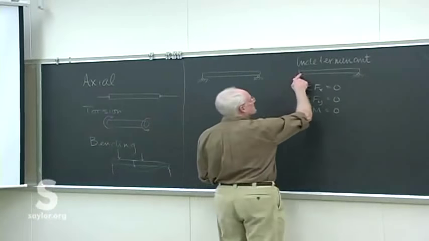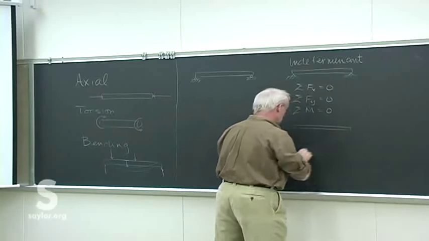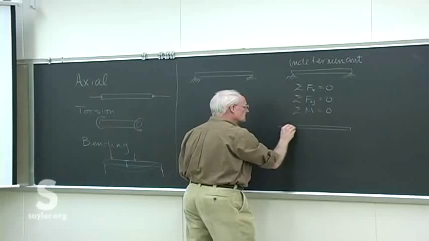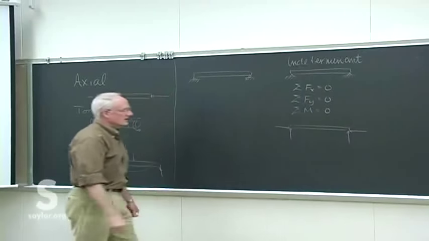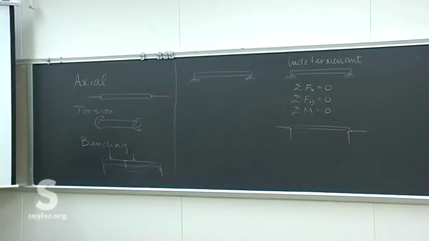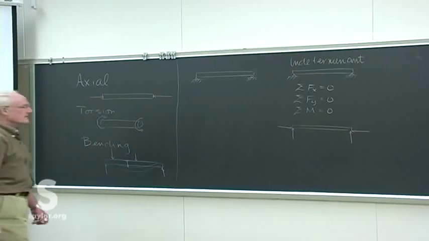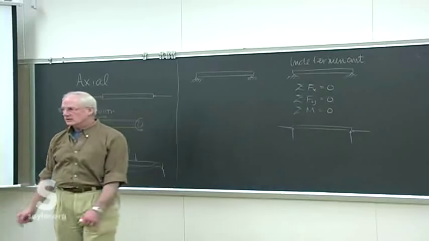If you remember, pinned type supports, and this isn't loaded yet, but if it was, we know what to do with it. The pin type supports supply a reaction in both of our ordinal directions, and that gives us 4 unknowns, and we only had 3 equations.